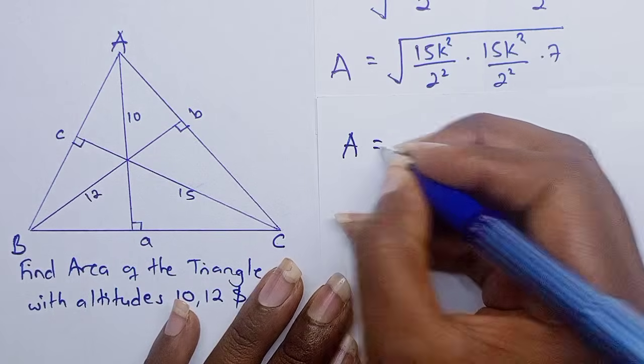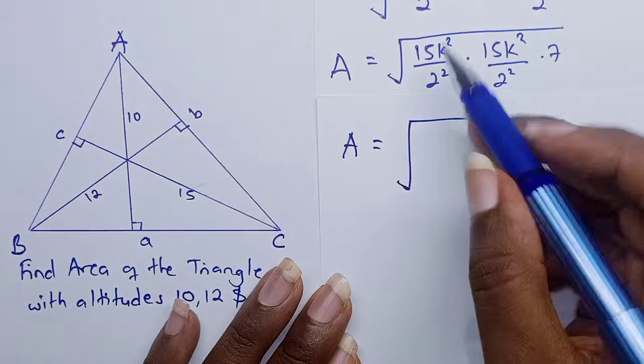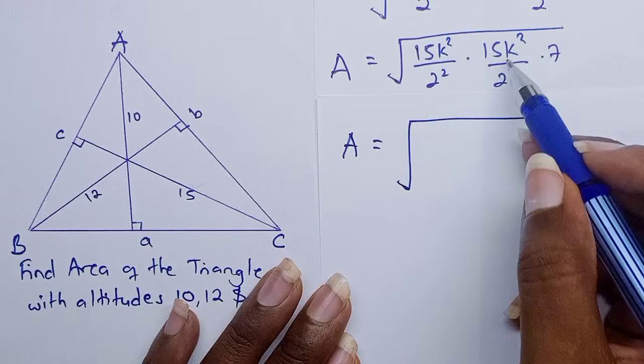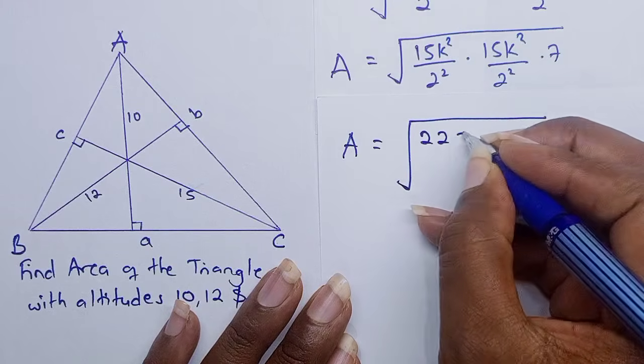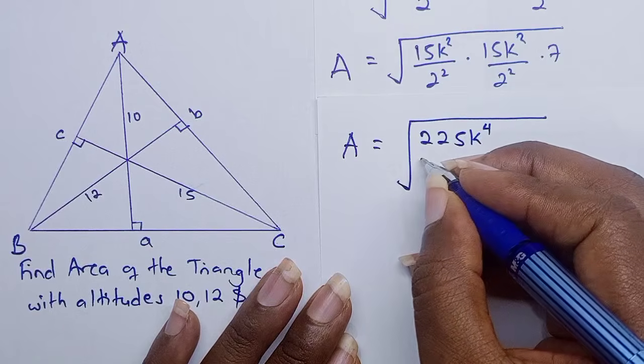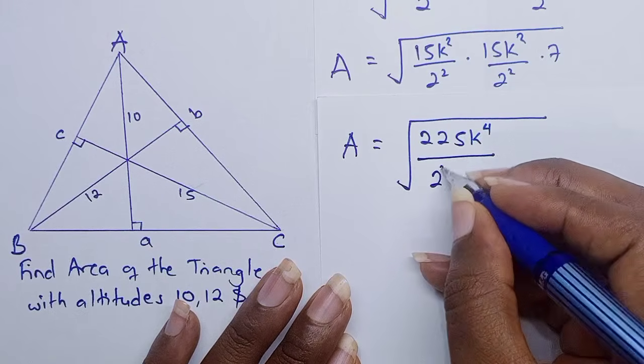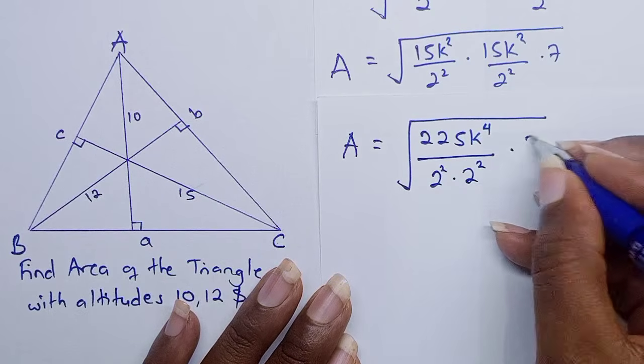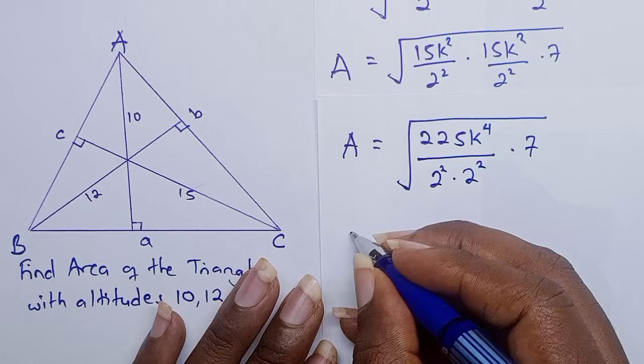So area is equal to root of 15K squared times 15K squared gives us 225K power 4 over 2 squared times 2 squared times 7.